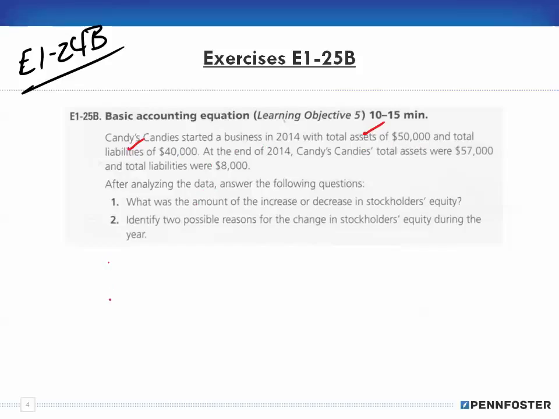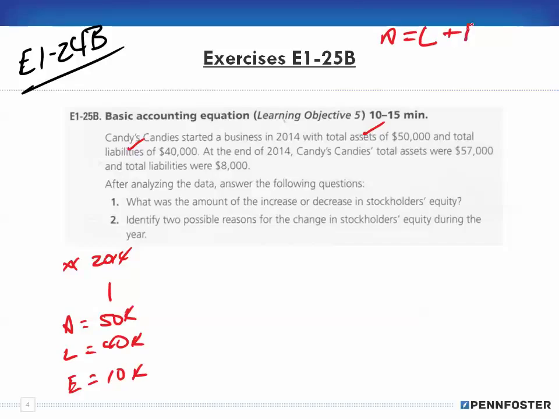Anyway, it says started a business in 2014 and had assets of 50,000, liabilities of 40,000. So if this is the start of the business in 2014, this could be any date. If the assets are 50,000 and the liabilities are 40,000, that means my equity is 10,000. And remember, to get that, assets equals liabilities plus equity.